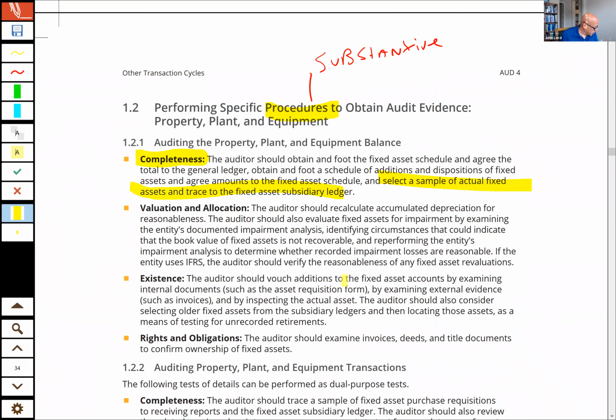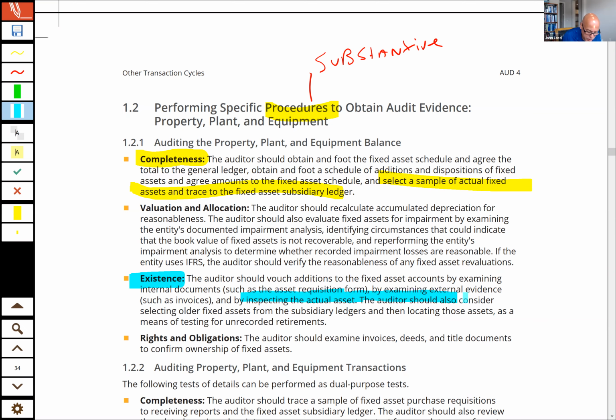Okay, let's take a look at existence. And when we deal with existence now, what happens? We go and we inspect first. Where's my existence? The auditor should inspect the actual asset. Okay, so what happens?